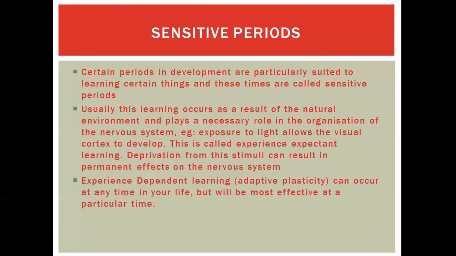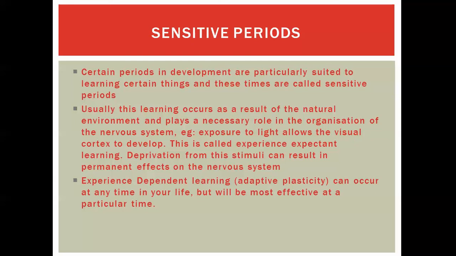Your body is primed to be exposed to light in the first few days of actually being born. And if you're not exposed to that light during those periods of time, you might find that there's some issues in terms of the development of the visual cortex in the brain.